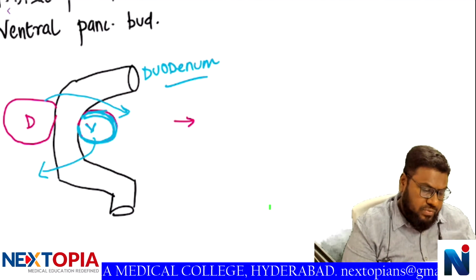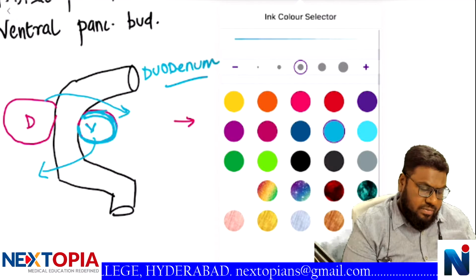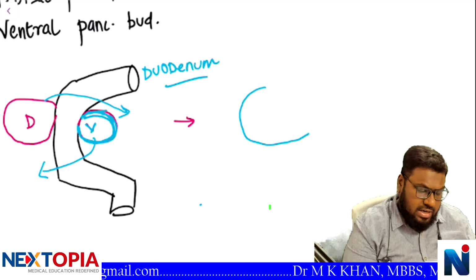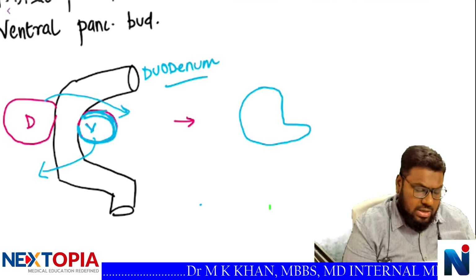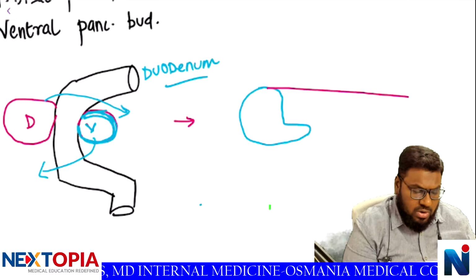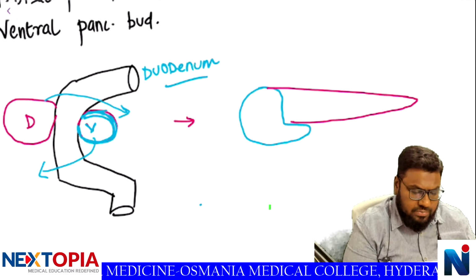Right? So this is the head and uncinate process of the pancreas, formed by the ventral pancreatic bud. The dorsal pancreatic bud forms the body and the tail of the pancreas.